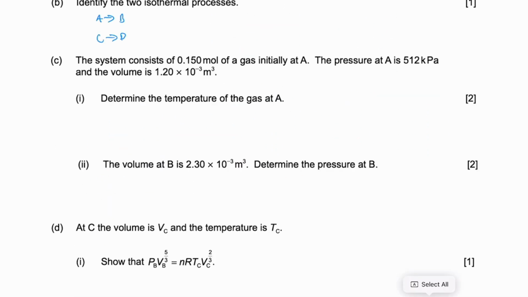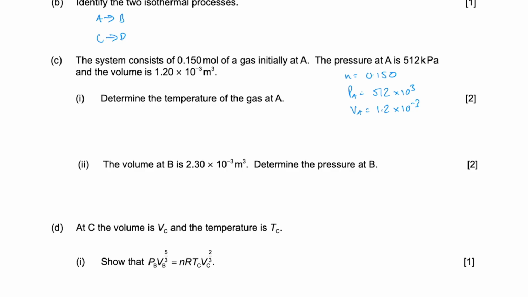C. The system consists of 0.150 moles of a gas initially at A. The pressure at A is 512 kilopascals and the volume is 1.2 times 10 to the minus 3. 1. Determine the temperature of the gas at A. We've got n equals 0.150, P equals 512 times 10 to the 3, and VA is equal to 1.2 times 10 to the minus 3.